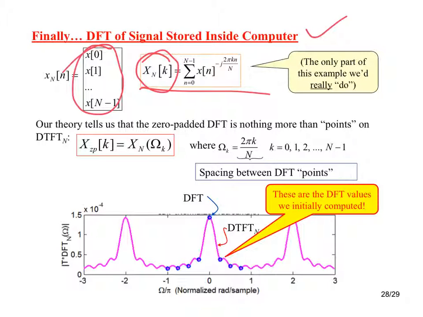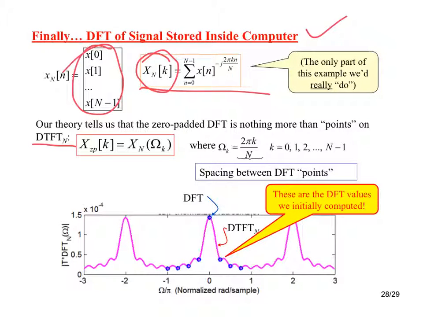But zero padding tells us that if we did do zero padding, we would just be evaluating more finely spaced points on our DTFT sub n. So what the DFT theory tells us is that we're going to get points on the smeared DTFT.